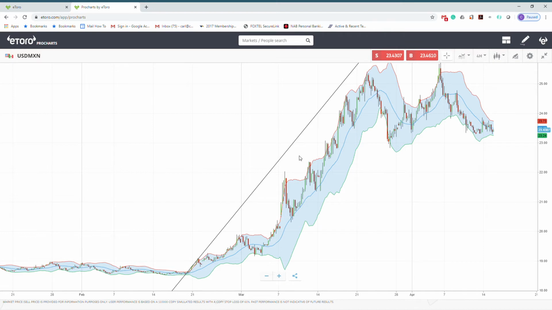In heavy trends, and we are looking at the US dollar Mexican peso chart on the 4-hour period, the best way is to buy when the price goes back to moving average 20.